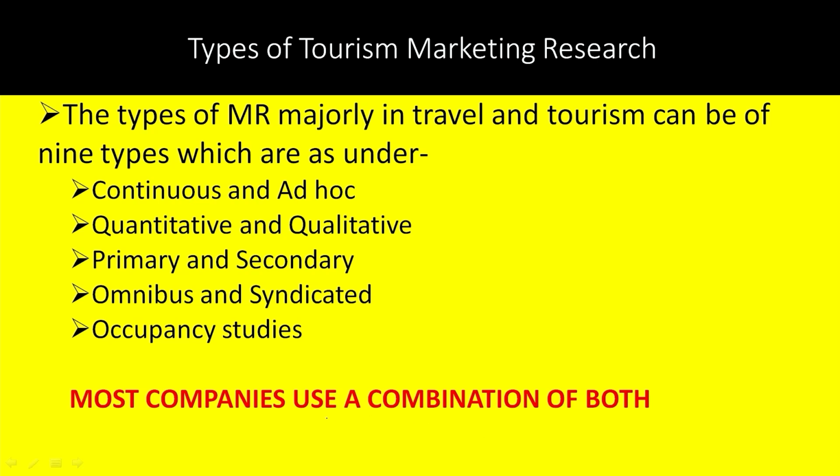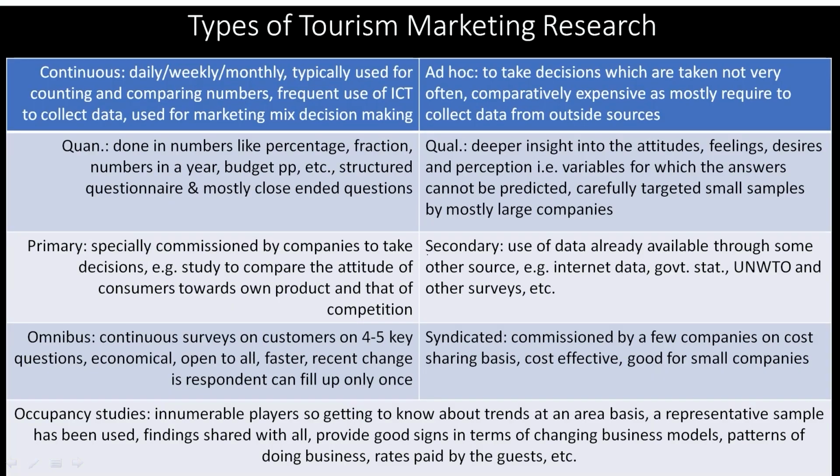Most of the companies use a combination of both, or a combination of, maybe, qualitative research on the basis of primary and secondary data on an ad hoc basis. So it can be continuous and ad hoc both, or a combination of more than 2 also. We will study them in detail in the next slide.